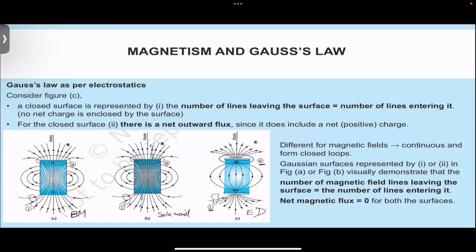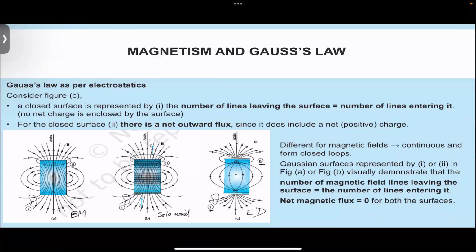For region 1, you can see that in this closed surface, the number of lines leaving the surface are equal to the number of lines entering the surface. There is no net charge enclosed by the surface. The charges are here, so there is no net charge over here. The closed surface over here only has the electric field lines entering and exiting, and they are equal.